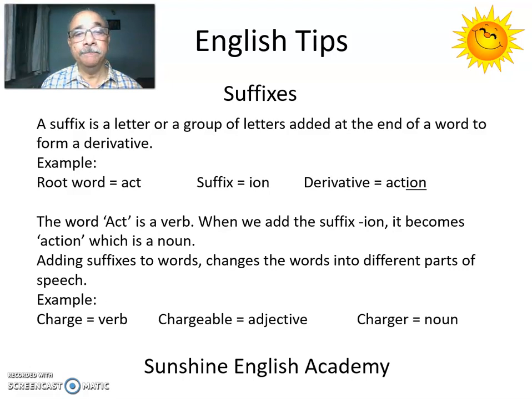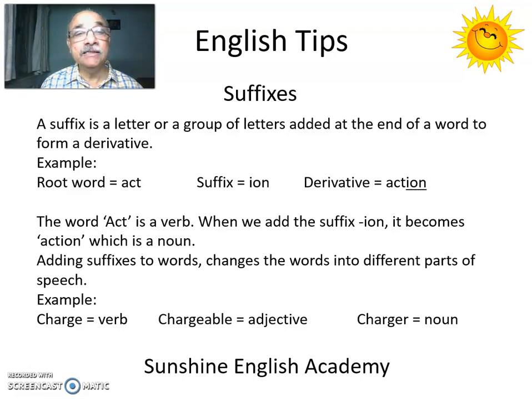Let's go further. The word act is a verb. So suppose I say he acts well. Here act is a verb. To this verb, if we add ion, it becomes action.